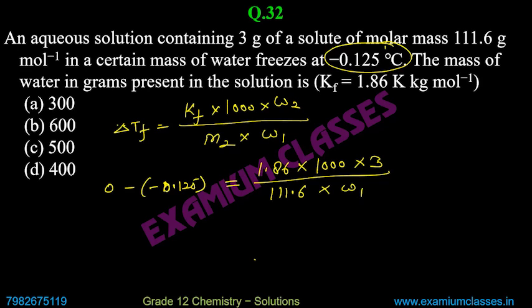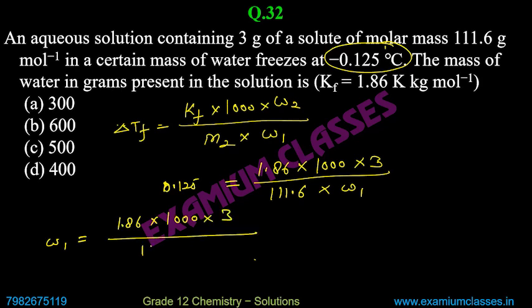That's what you have to do. Get the answer. So this will become plus 0.125. So W1 will be equal to 1.86 into 1000 into 3 divided by 111.6 into 0.125.